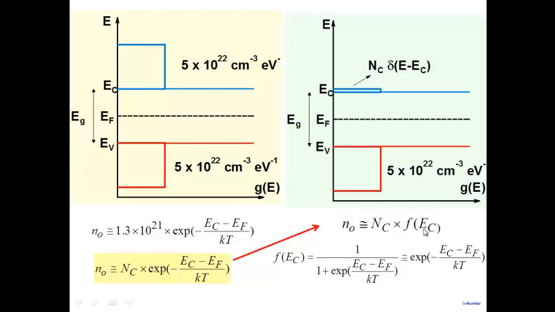And then you multiply it by the probability of occupation of that energy state, and you get the total electron density. So the significance of NC is that people call it the effective density of states. It's as if you have taken the entire band and collapsed it to a delta function, and the occupation is simply NC into FEC. That's the significance of NC.